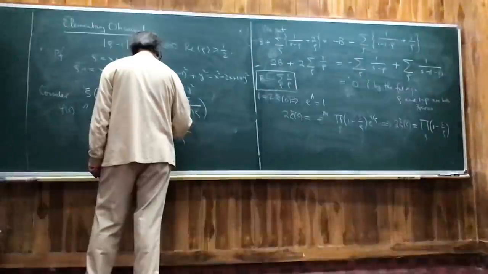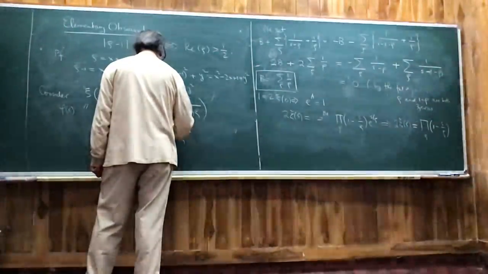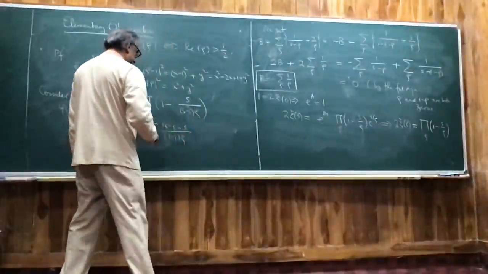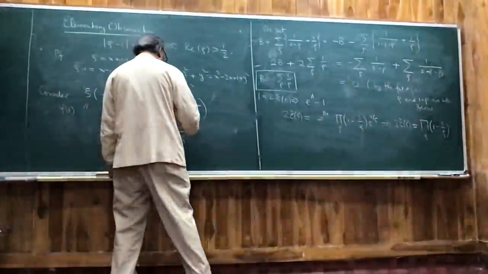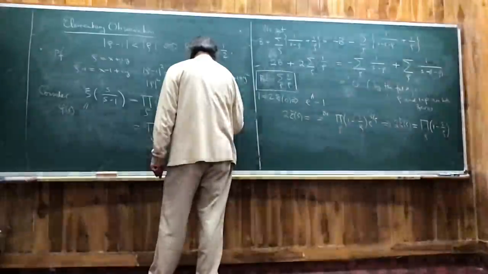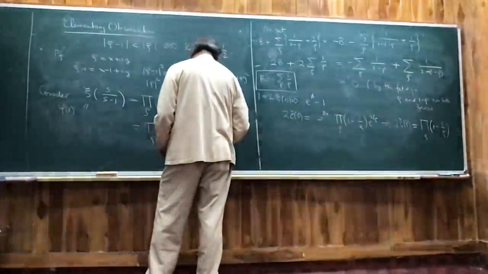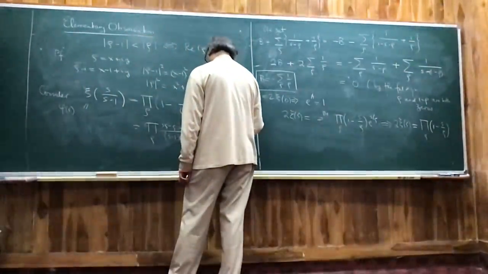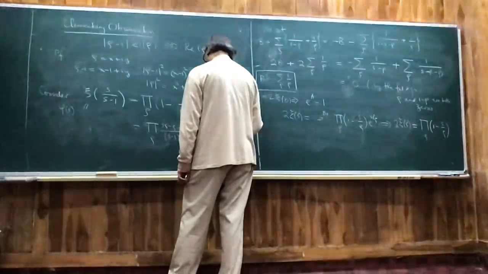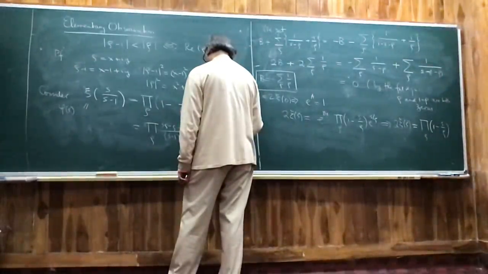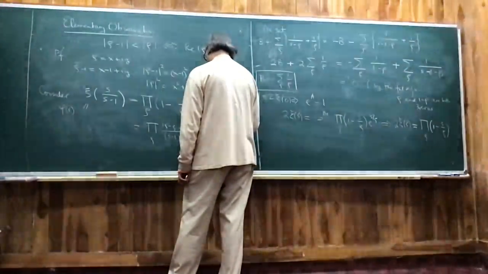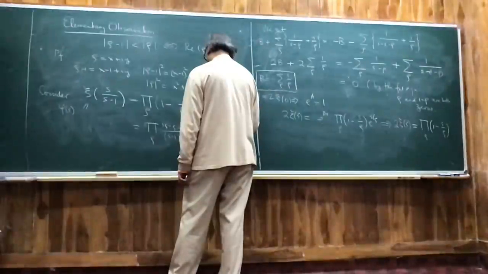What do I have? I have s rho minus rho minus s, which equals the product over rho. I'll just put the two s's together. Let's see, s minus, sorry, I'll do s minus 1.